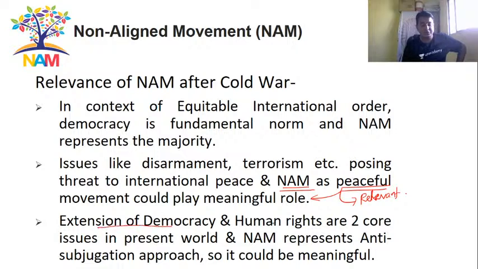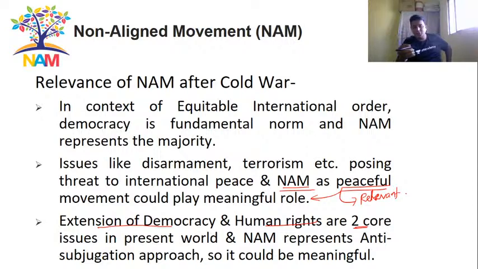Next, extension of democracy and human rights are two core issues in the present world. Extension of democracy, end of dictatorship, end of electoral dictatorship, promotion of human rights.